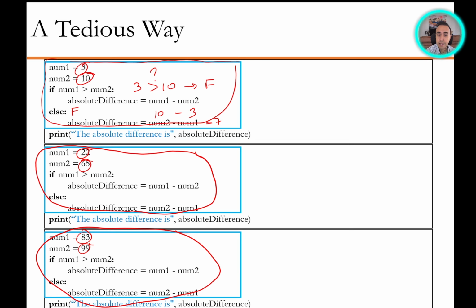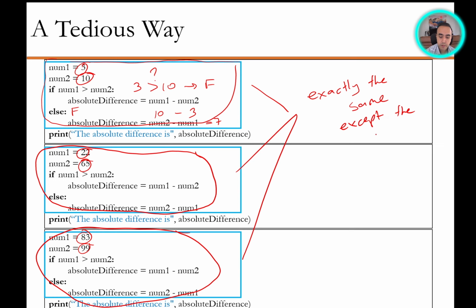Otherwise, they're exactly the same. So these 3 codes are exactly the same, except the values of the 2 numbers, right? So if you sort of ignore these 2 values, they're exactly the same.